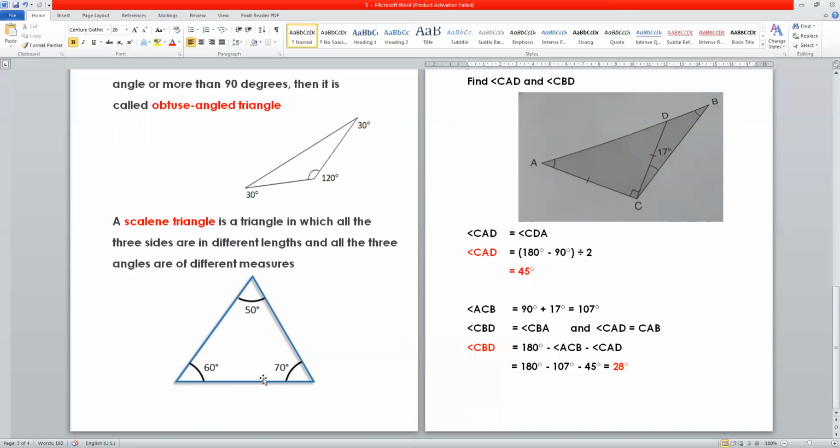Now, if each of the angles of this triangle is different, this triangle is called a scalene triangle, because they have different measures of angles.